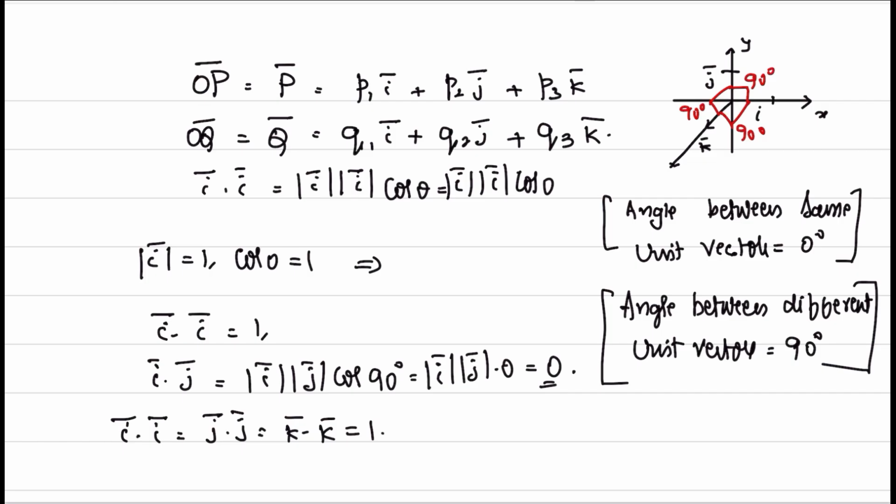And all other values, like I bar dot j bar, I bar dot k bar and j bar dot k bar, are equal to 0. That means any dot product other than with itself is 0, and the dot product of a unit vector with itself is unity.